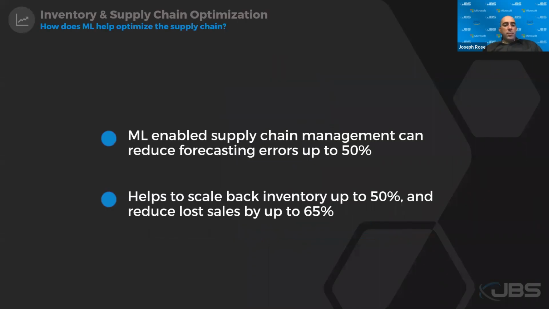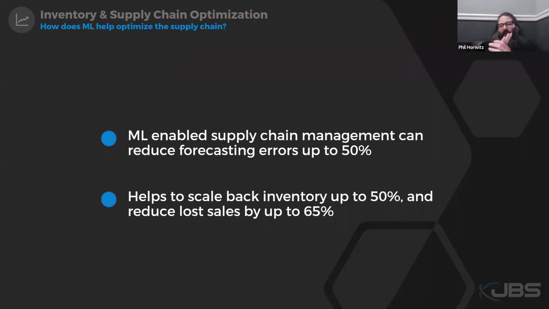Sure. Thanks, Joe. So first off, just a couple more stats. Based on some studies that have been done, ML-enabled supply chain management really can drastically reduce forecasting errors. 50% is quite a bit. They also help scale back inventory and reduce lost sales by 50% or more.